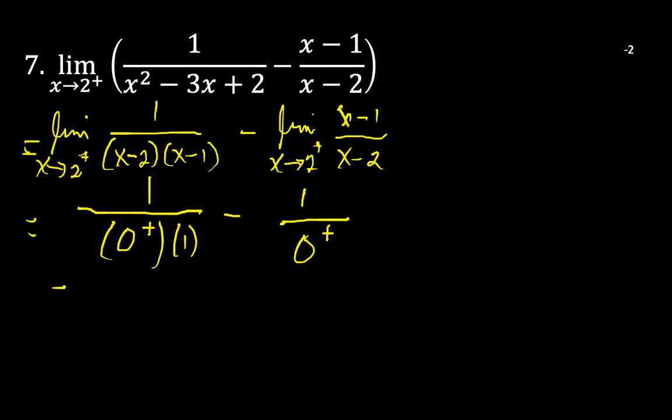So this becomes 1 divided by 0, that's undefined or infinity, and positive divided by positive is positive, minus 1 divided by 0 is infinity, and positive divided by positive is positive. So we have positive infinity minus positive infinity. However, positive infinity minus positive infinity is not actually 0. We cannot identify it because infinity is not a number.